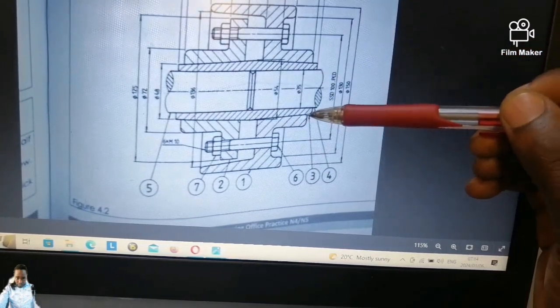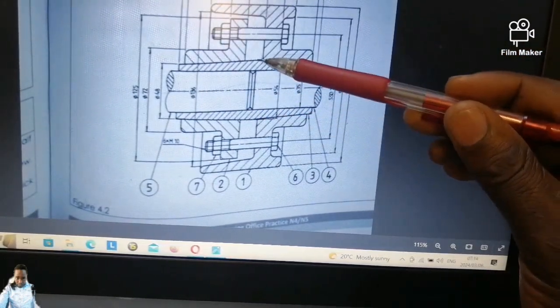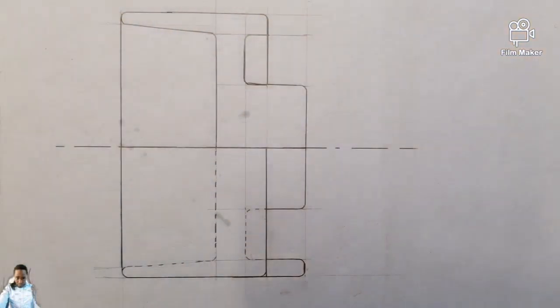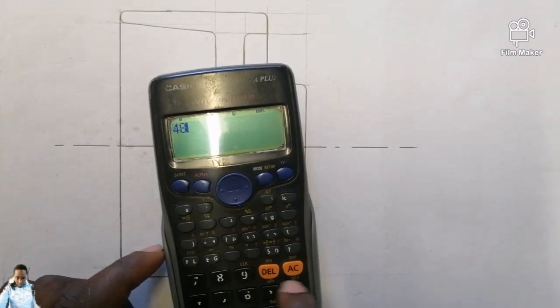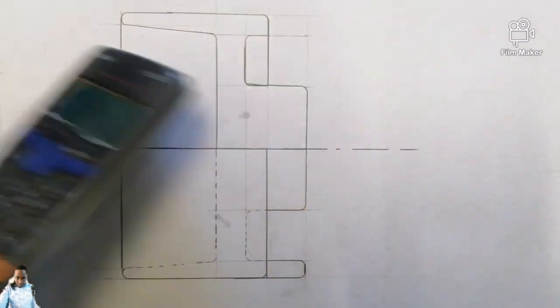From here till there is diameter 48, whereas from here till here is diameter 54. You understand? So we are going to say 48 divided by 2, I'm getting 24 millimeter.